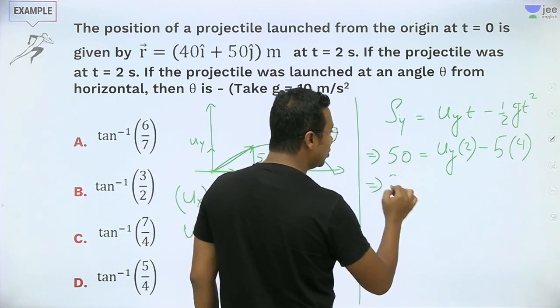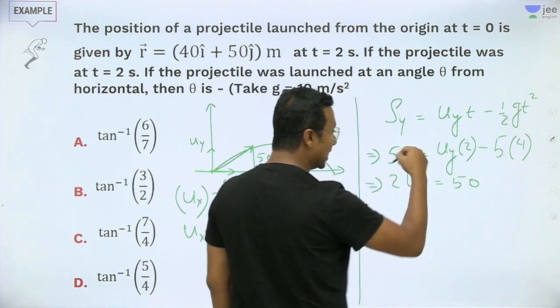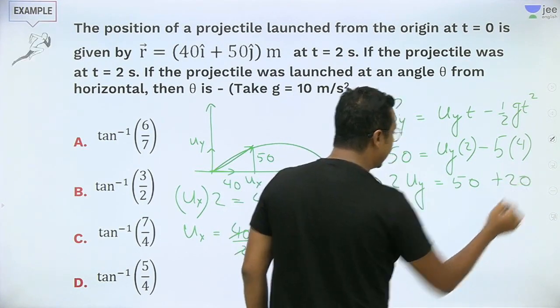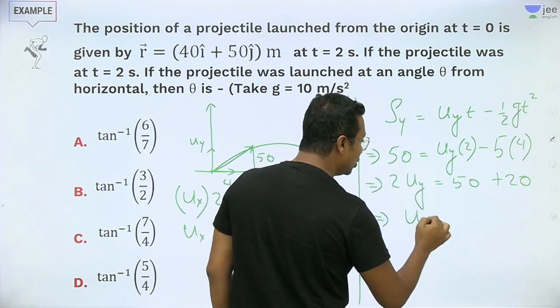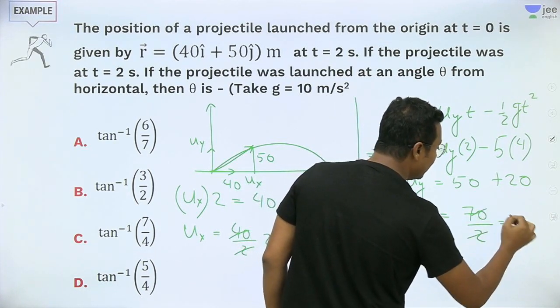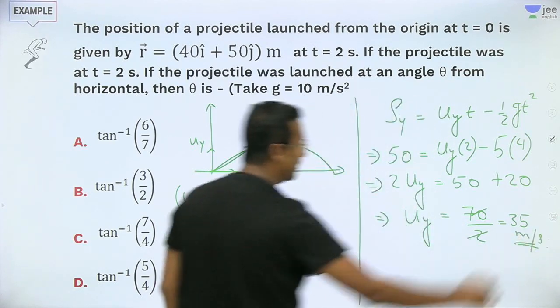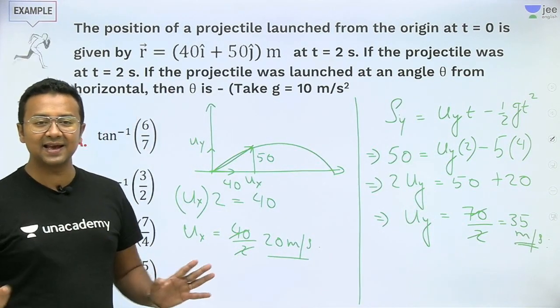So I can write 2 times uy minus 20 will be equal to 50. This will come to this side, so it will be plus 20, which implies uy will be equal to 70 divided by 2, that will be equal to 35 meters per second. Clear enough? As simple and straight as that.